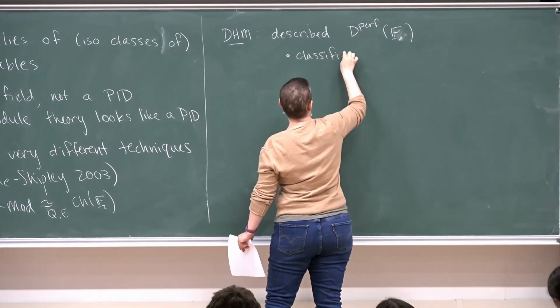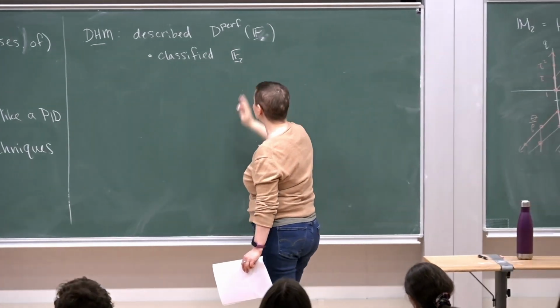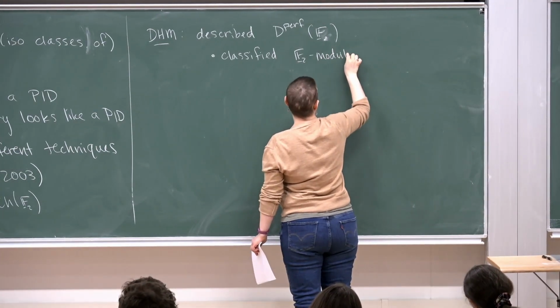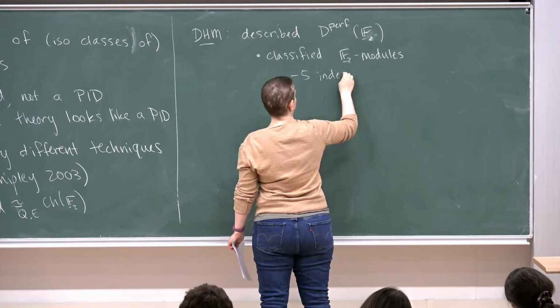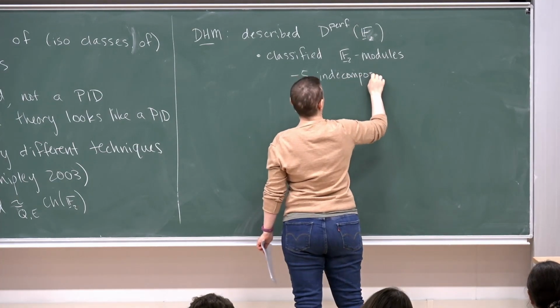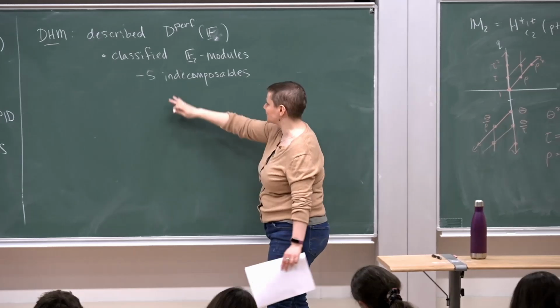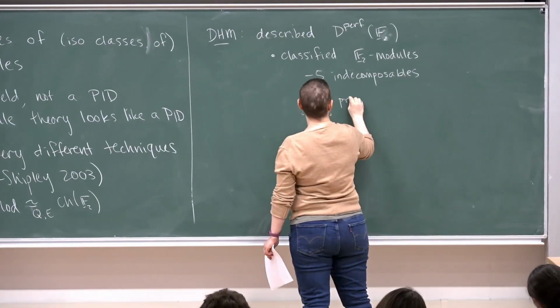So we classified first the modules over this green functor, F2 underline. There are 5 indecomposables. I guess I should say finite dimensional modules up to isomorphism, but then there are 5 indecomposables. 2 of those are projective.